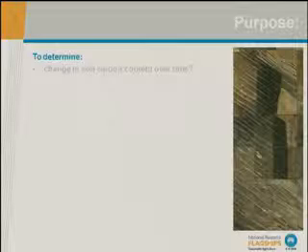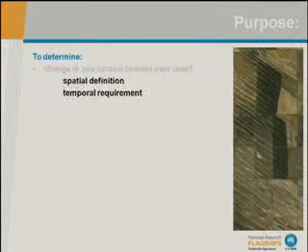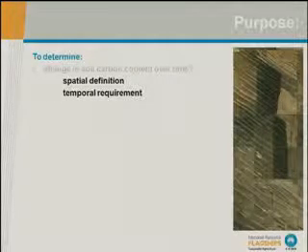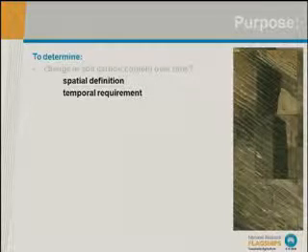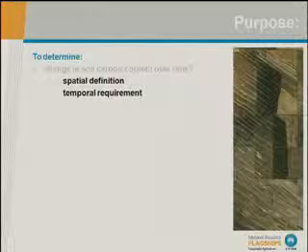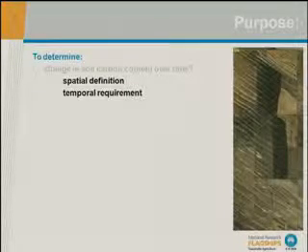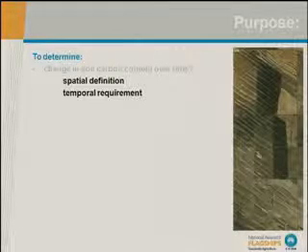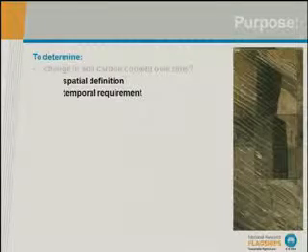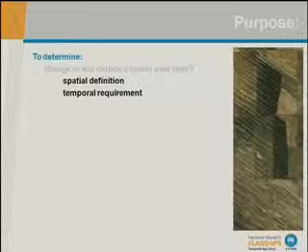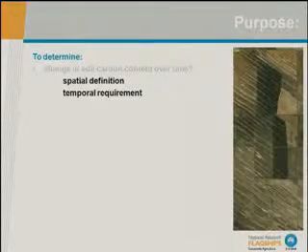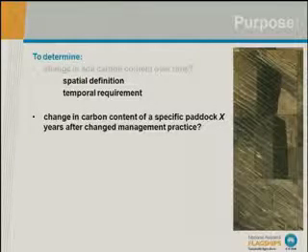It's way too fuzzy around the edges and doesn't really define what we need to know in order to sample correctly. We need to define the spatial area that we're looking at, and we also need to look to see if there's any temporal requirements. So if we're looking at change over time, is there a particular sampling gap that we need in order to measure a minimal change in carbon content?